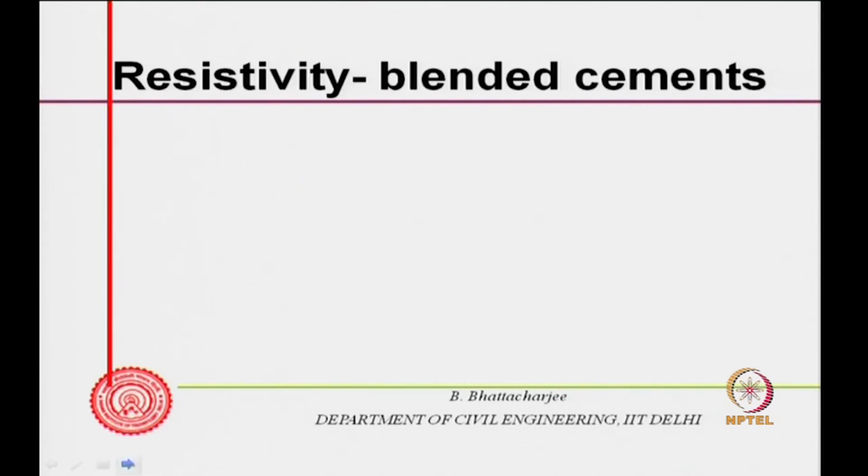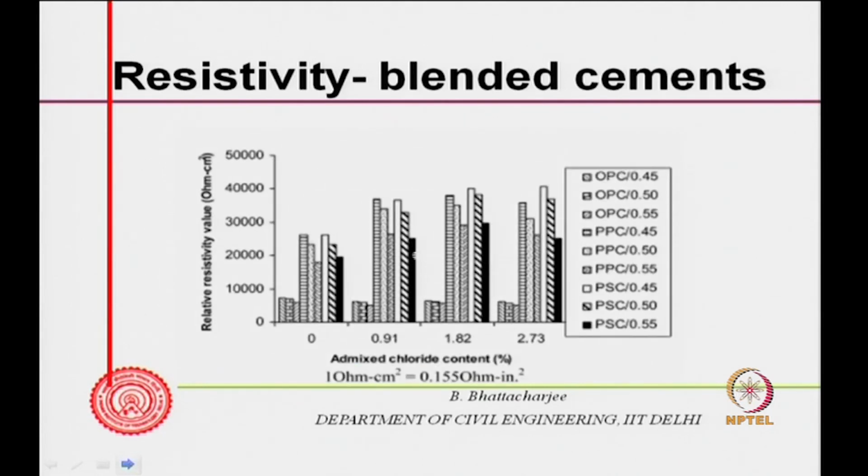So, just to conclude our discussion, resistivity of blended cement I was talking about. You see, this is a diagram showing OPC, Portland pozzolana cement and Portland slag cement. This is a kind of relative resistivity, and you can see the least is for OPC.